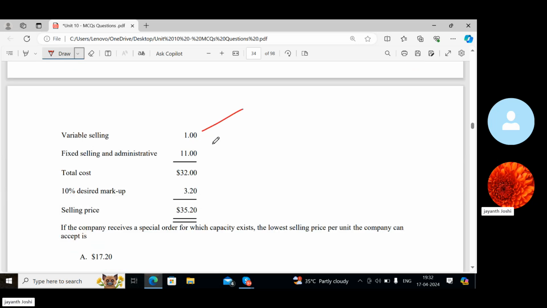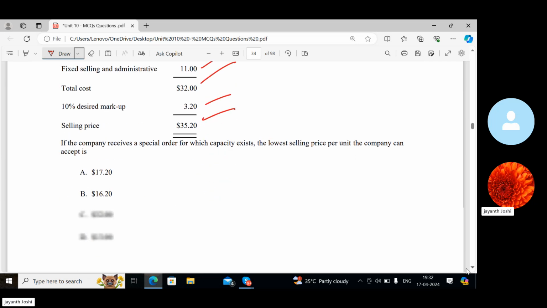Variable selling price, fixed selling and administrative expenses, total cost, markup, selling price is given. Now the question to you is, if the company receives a special order for which capacity exists, the lowest selling price per unit the company can accept is this.